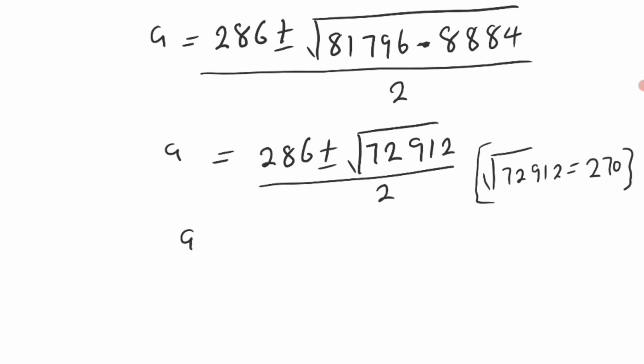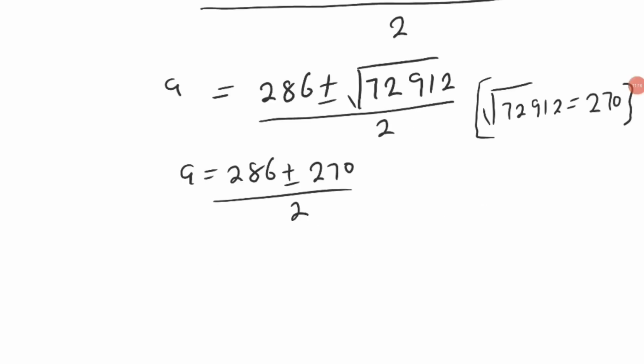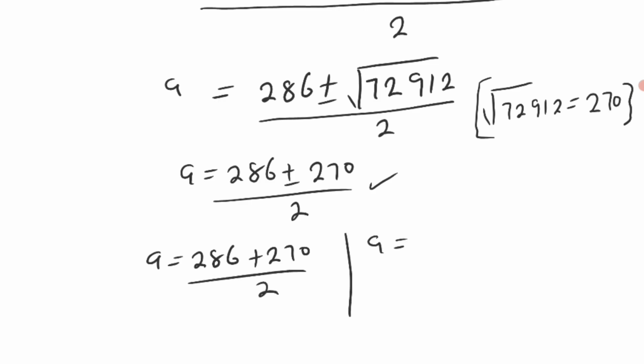So we have a is equal to 286 plus or minus 270 over 2. Then from here, a is equal to 286 plus 270 over 2, or a is equal to 286 minus 270 over 2.